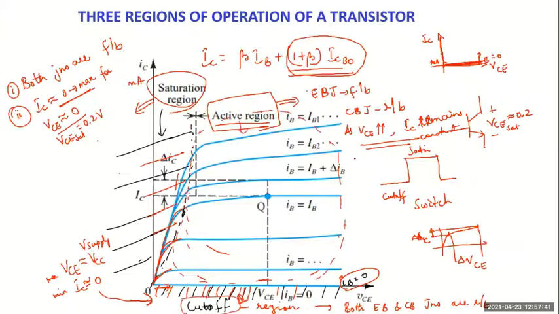Now comes the question, how do I make a device work in the active region? How can I make the transistor work in a particular region of its operation? Can someone tell?